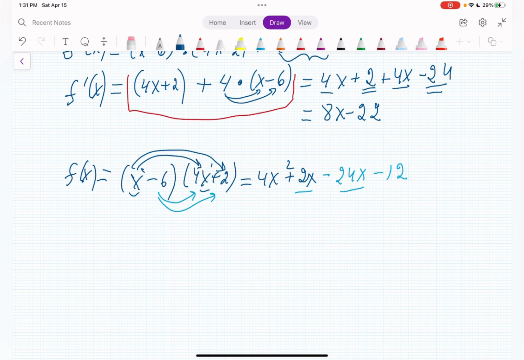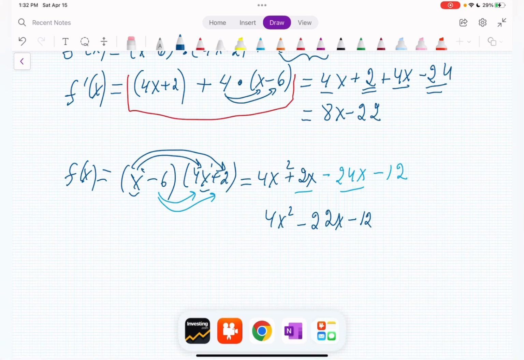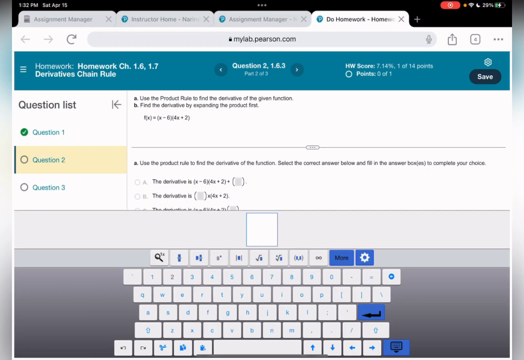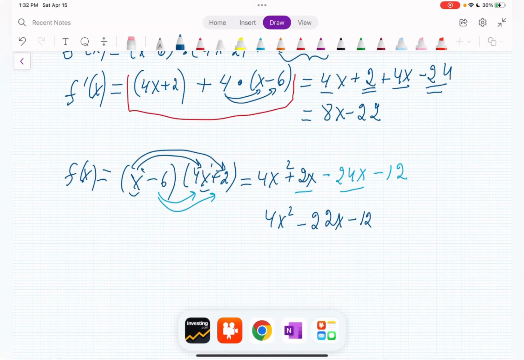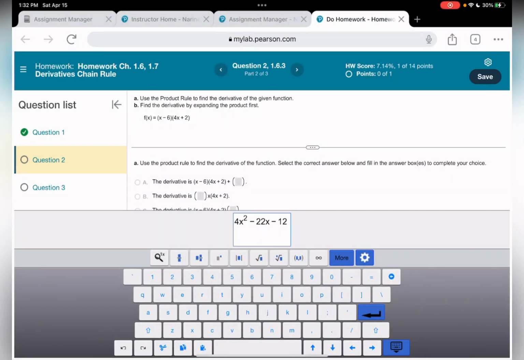It's going to be 4x squared minus 22x and minus 12. Let me double check one more time. 4x squared minus 22x minus 12, yes. Okay, we are ready to check.